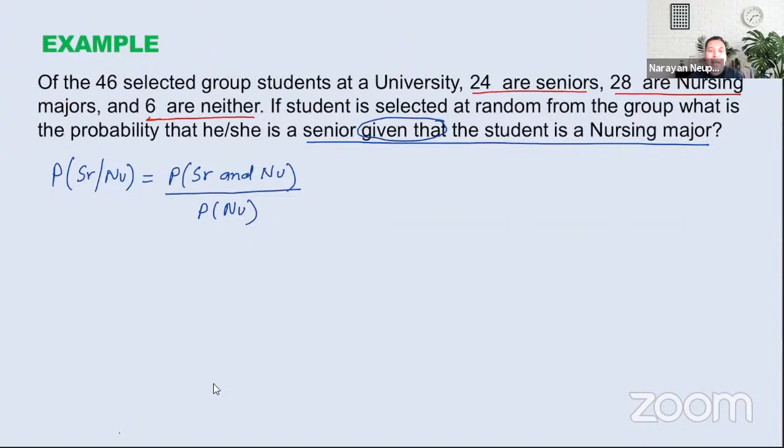So what I'm going to do is represent this information using a Venn diagram. So let's do this. Senior, let's write senior SR, nursing NU, total students in that group, that is the sample space S. Okay, I'm trying to represent that.